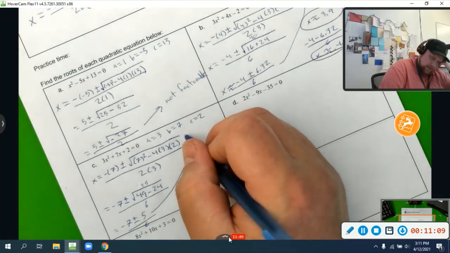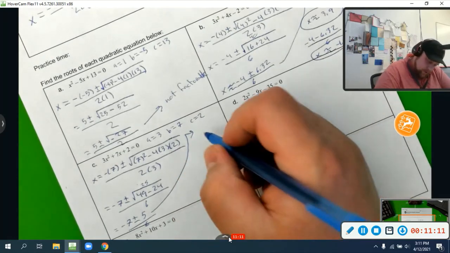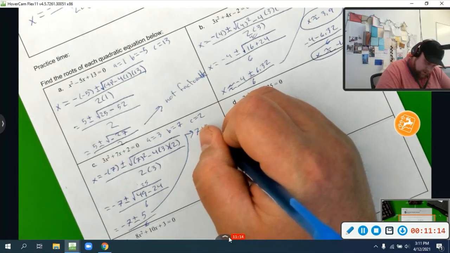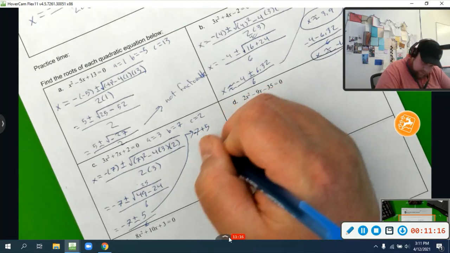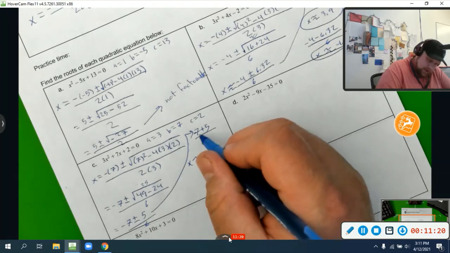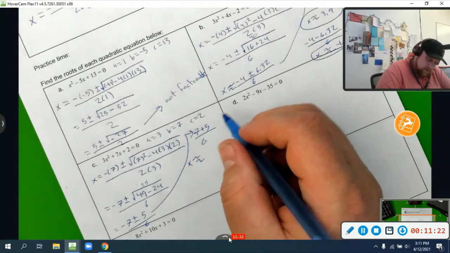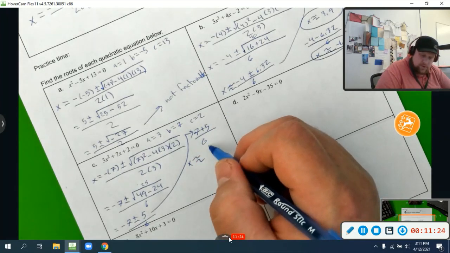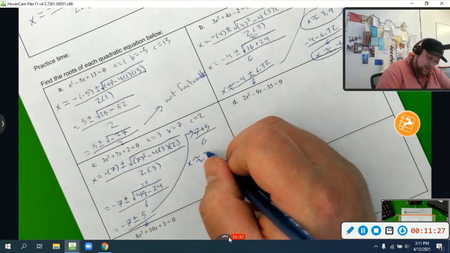Now I'm going to split that up. I have negative 7 plus 5 all over 6, which is negative 2, and negative 2/6 will simplify to negative 1/3.